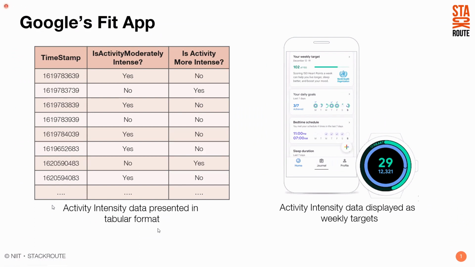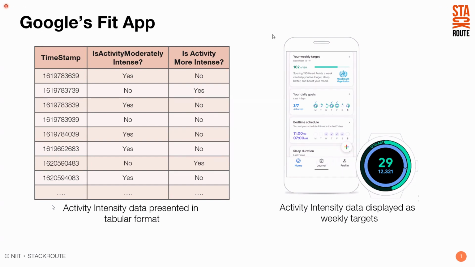So we have this Fit app, a fitness application. This is activity intensity data in tabular form. The data is represented in the form of a table, whereas the same data has also been represented in the form of weekly targets.